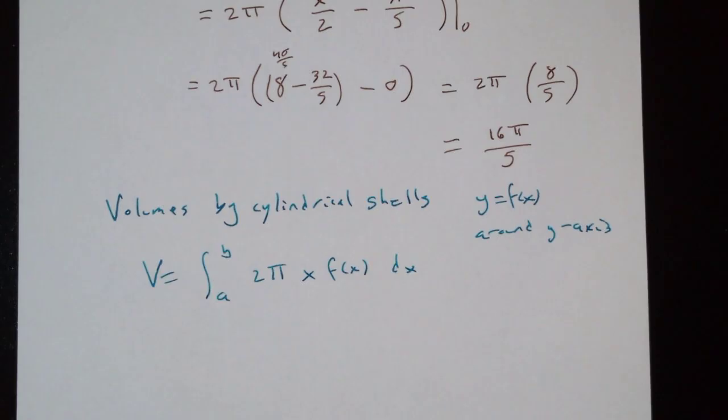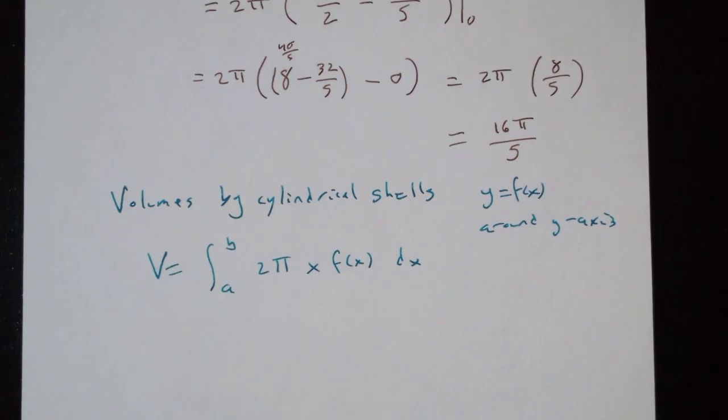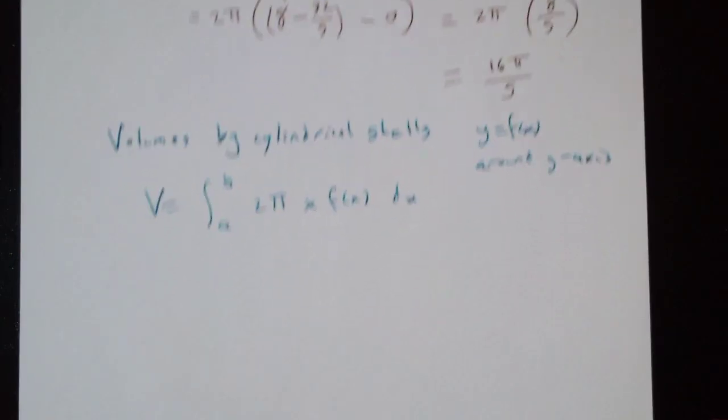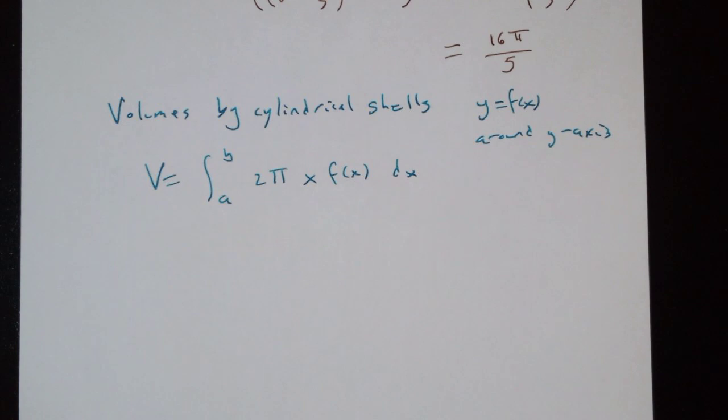The radius is just my x value. F of x is the height. Dx is the thickness. That gives me the volume of my little shell. I literally will draw this thing on the picture to see what my shell looks like. Questions?